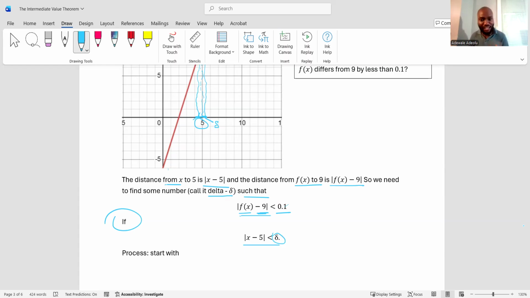And that will happen if the distance between x and 5 is less than some number delta that I can find. So I want the distance between my y and my limit to be less than 0.1 because it makes it a better answer. So how do we find that delta? That is our question.